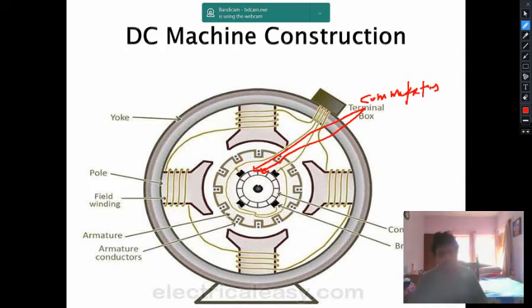Actually, what is a commutator? The commutator is basically the current collection point. In case of a generator, unidirectional current is collected through the brushes. You see, these are denoted by black. These are the brushes.